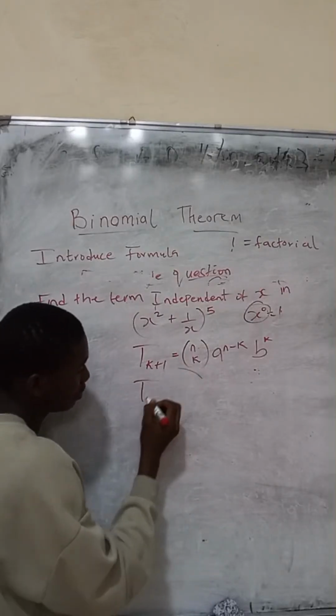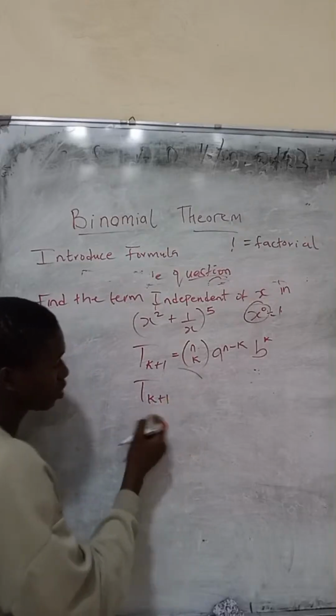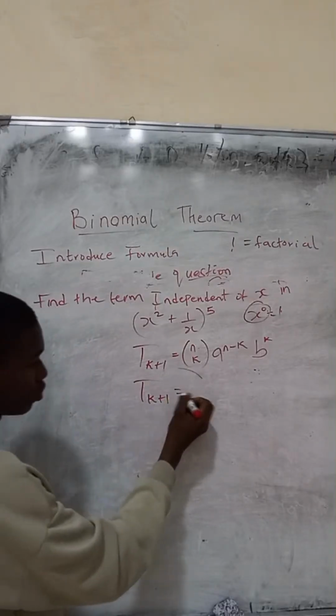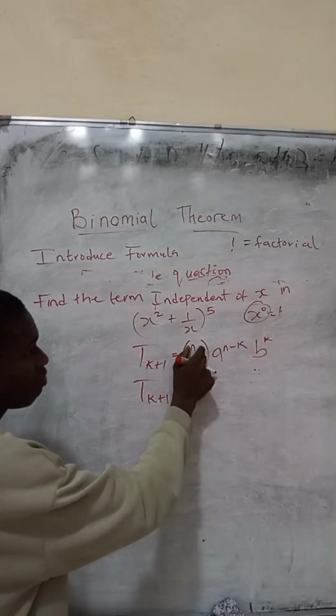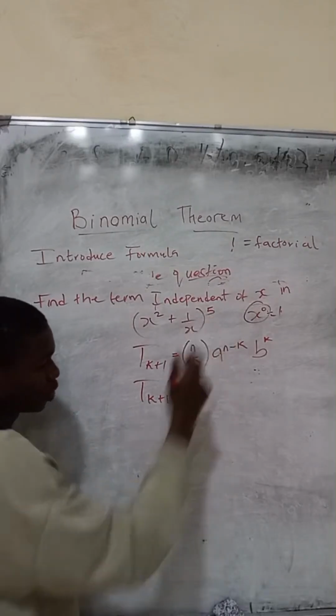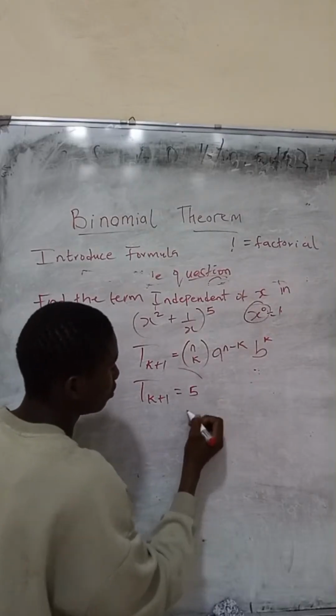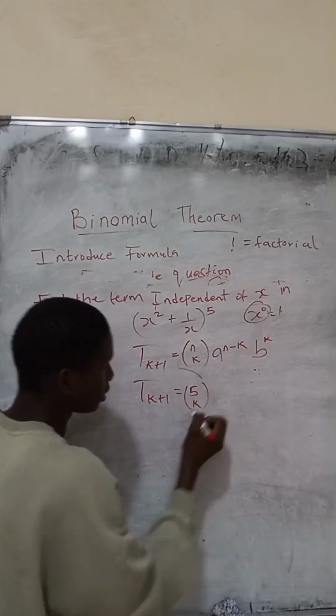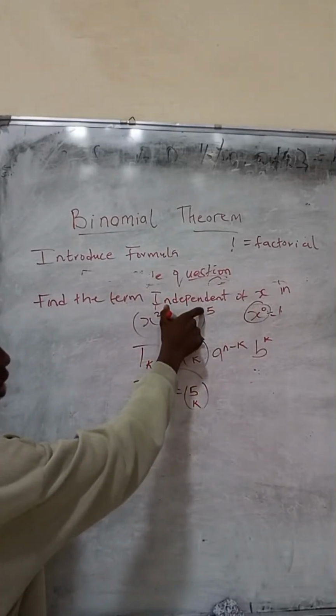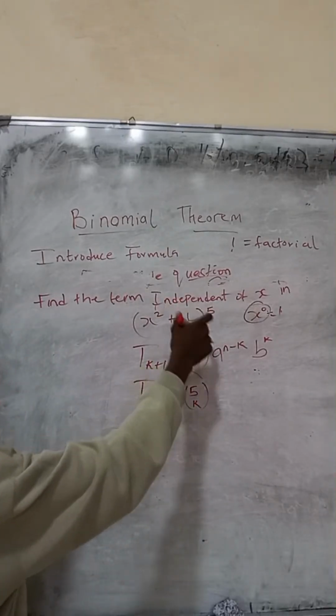Let's continue. Now I have T sub k plus 1 equals n choose k, where the value of my n is 5. I'll keep k as it is because I'm checking what is independent of x here.